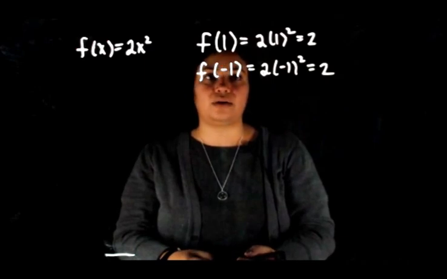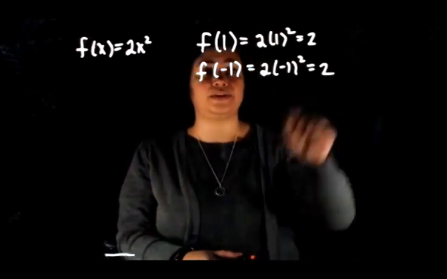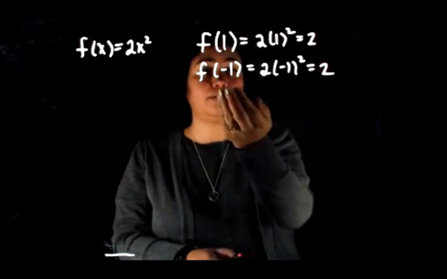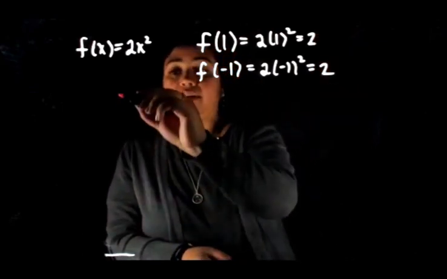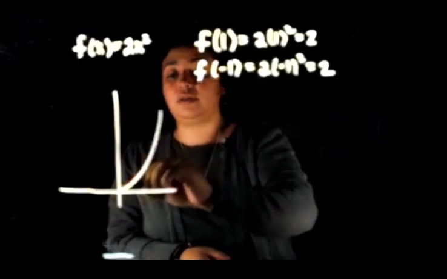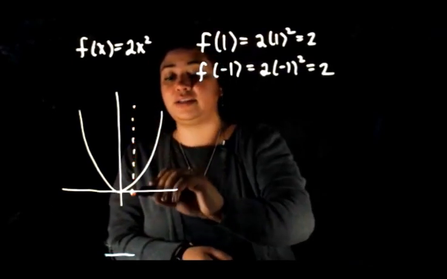Why is this allowed? So remember, the rule is that each entry can only be assigned to one output. So every input gets assigned one output. The outputs are allowed to be shared. We saw that this graph still satisfies the vertical line test.